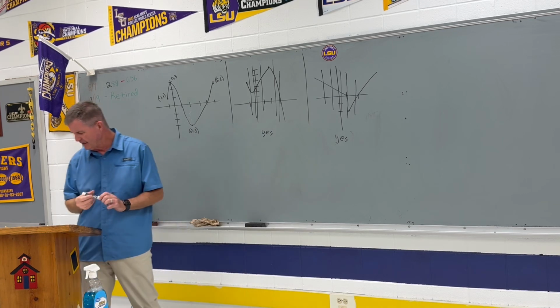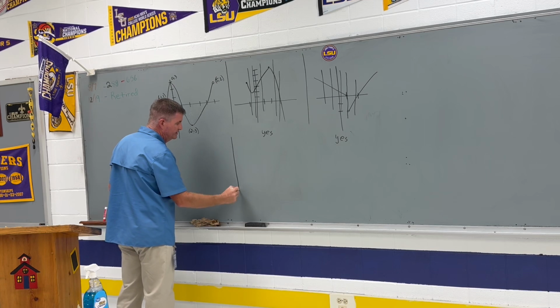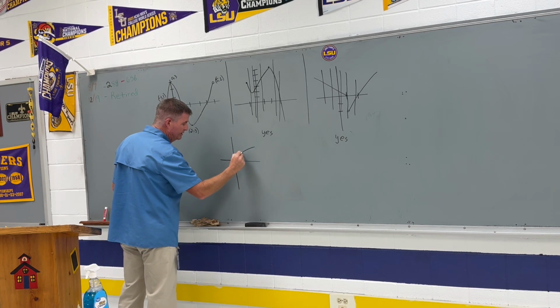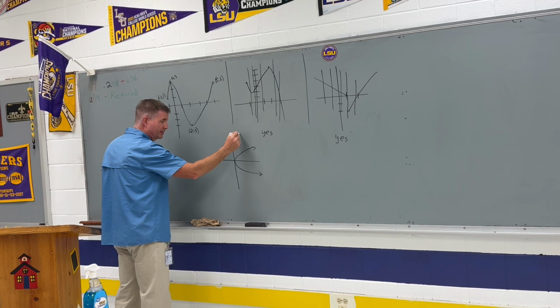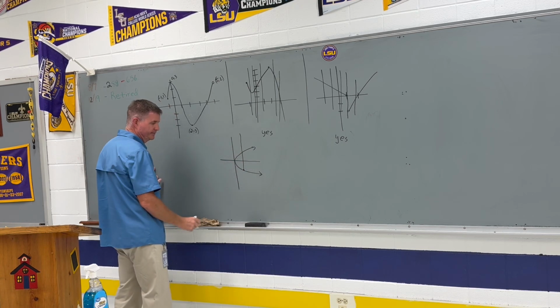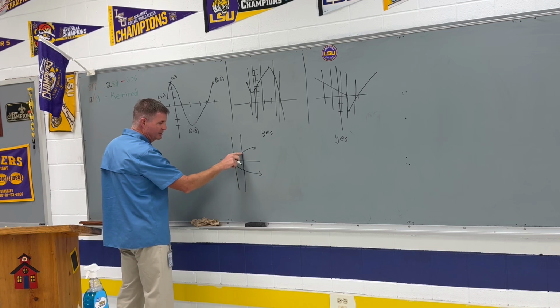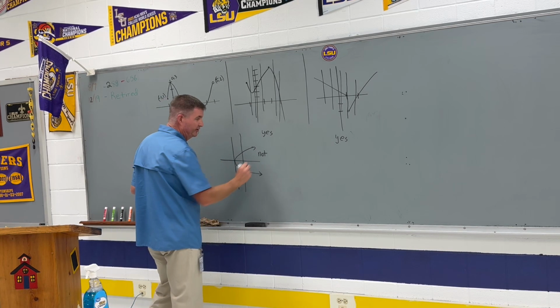What does it look like if it's not a function? Well, suppose I have one that looks like this. If I draw a vertical line, I hit it once, I hit it twice, which means what? The x value repeats. So this would not be a function.